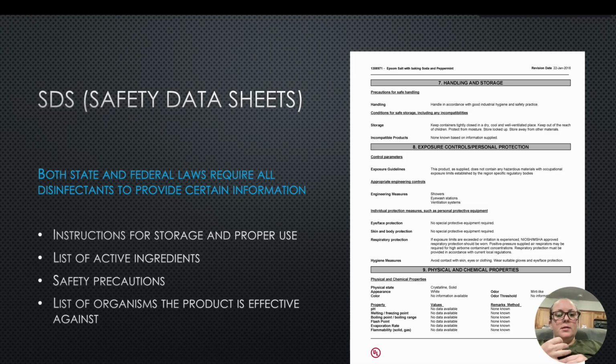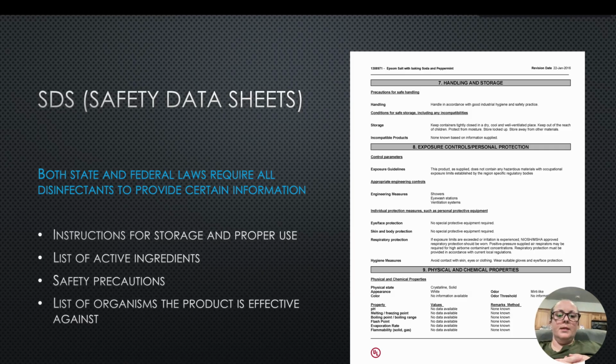All right. Safety data sheets. So most disinfectants, you should be able to find the safety data sheets available on the website you're purchasing said product from, or you might be able to just look it up. So both state and federal laws require disinfectants to provide certain information on these safety data sheets.